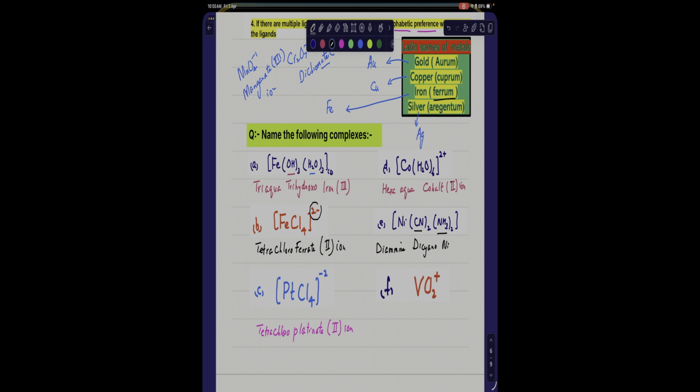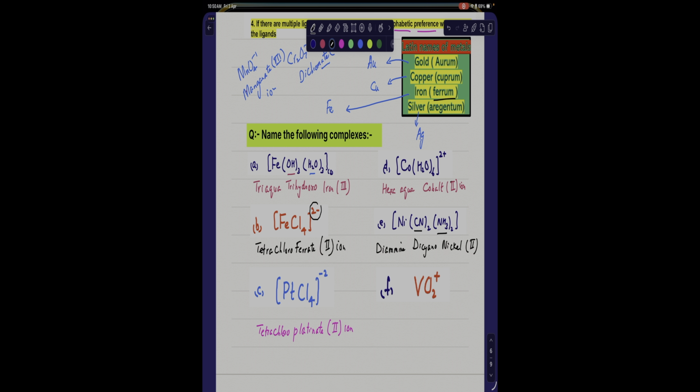So nickel, and the oxidation number is going to be +2. As you will be knowing, cyanide is -1, so there are 2 of them, so -2, and for nickel it is going to be +2.